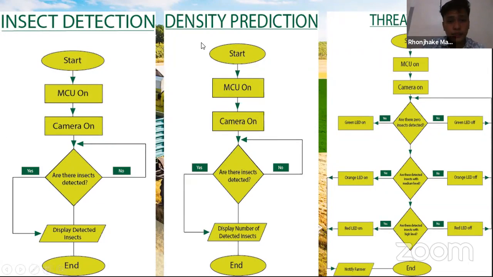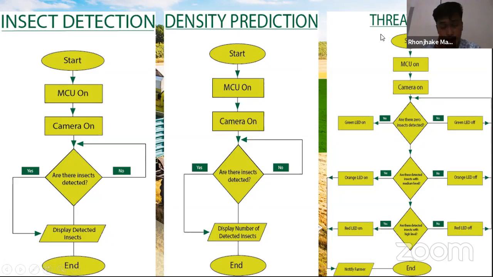Insect detection, density prediction, and threat level detection. First, we turn the MCU, or the Raspberry Pi, on, then the camera. In insect detection, when the camera detects an insect, the LCD will display an output of all the insects it sees in the field, and the insect name will appear on the LCD.